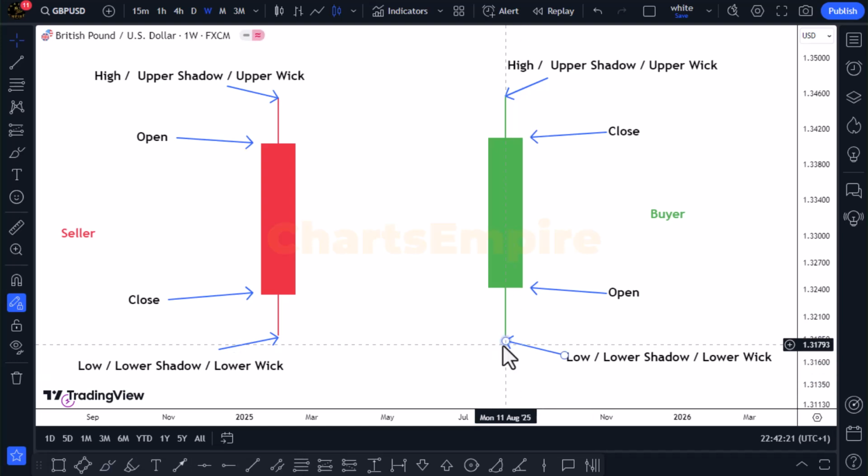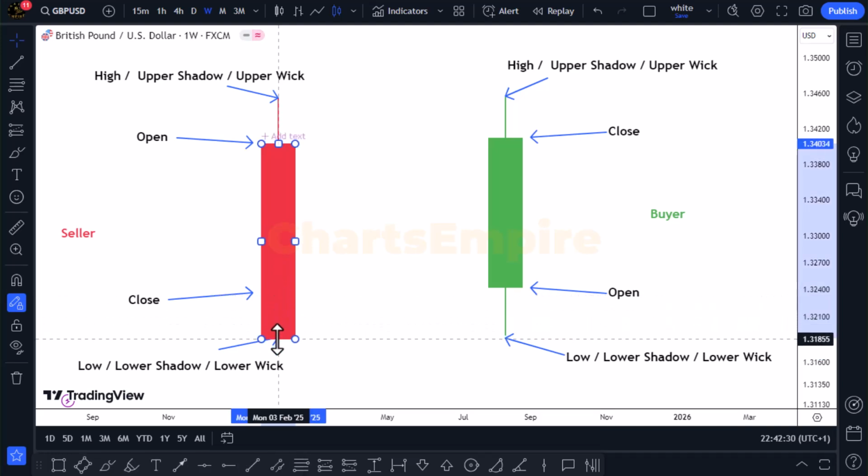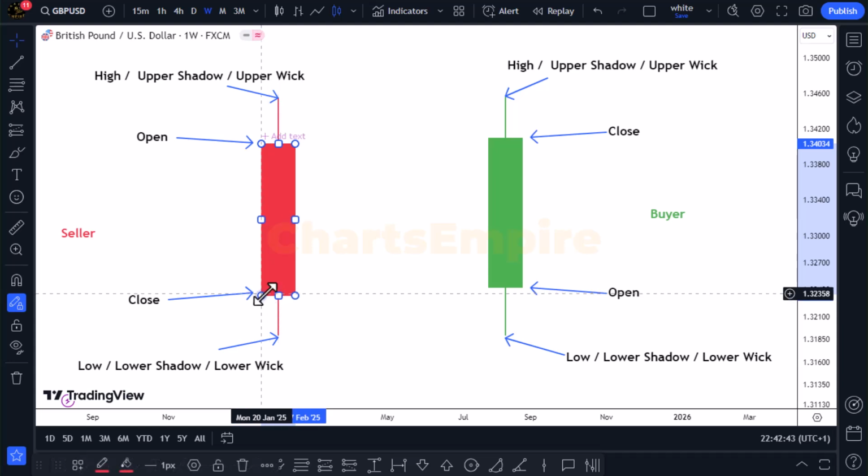Now what happened at this low? When the sellers got to this level, they pushed price more to this level, but instead the buyers set in. When the buyers set in at this level, they pushed the price upward, resisted the price, and price closed at the level here.